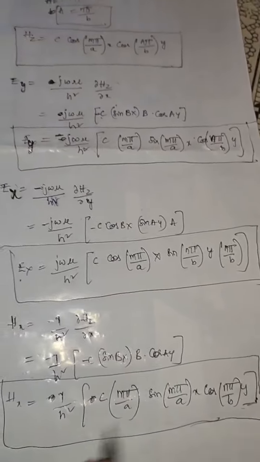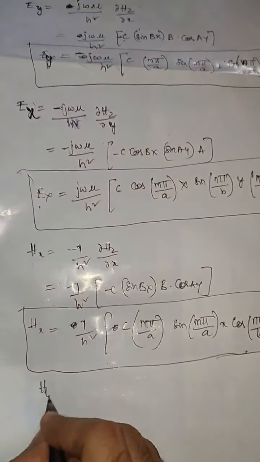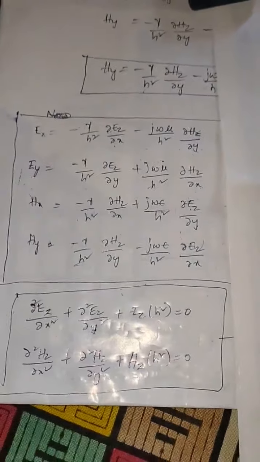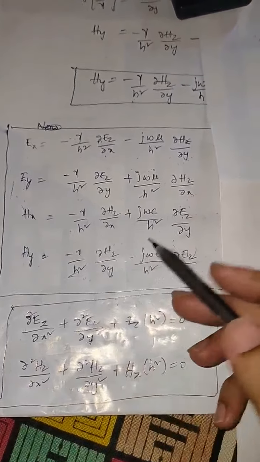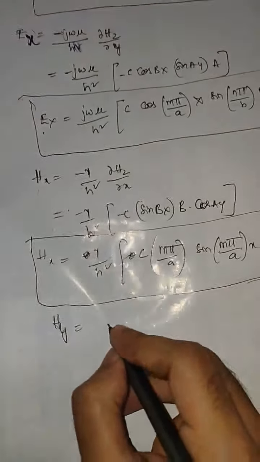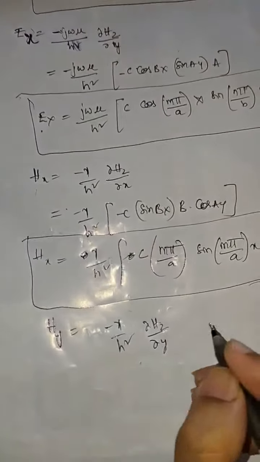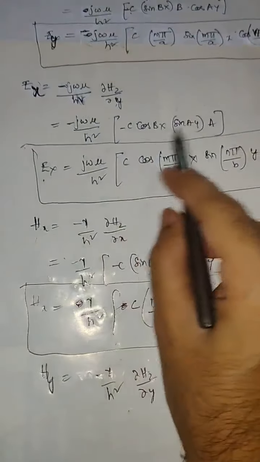Now we want the Hy value. By using this equation, Hy is minus gamma by h square dou Hz by dou y. We have already differentiated dou Hz by dou y, so the equation is this.